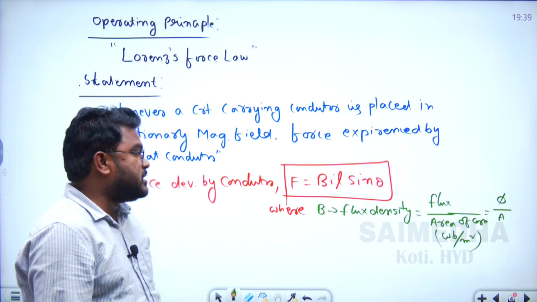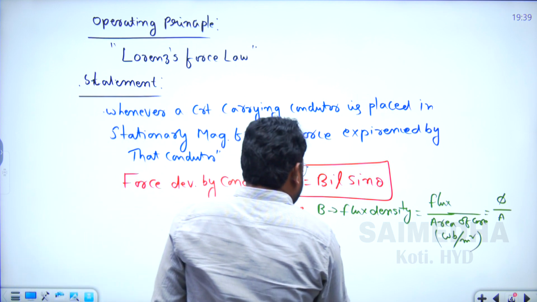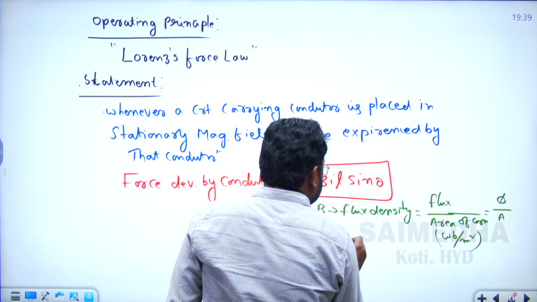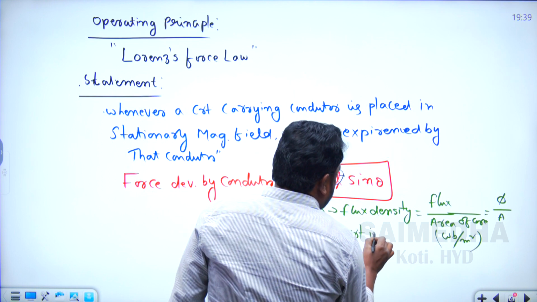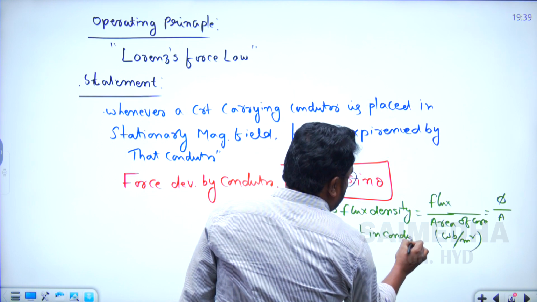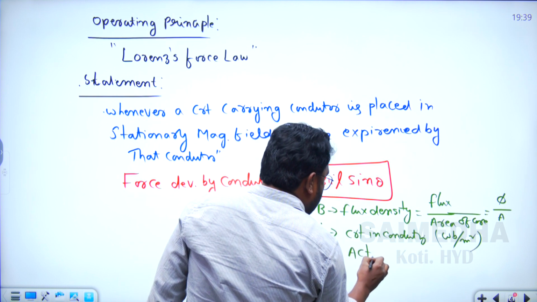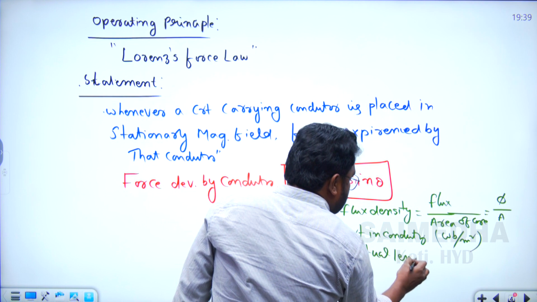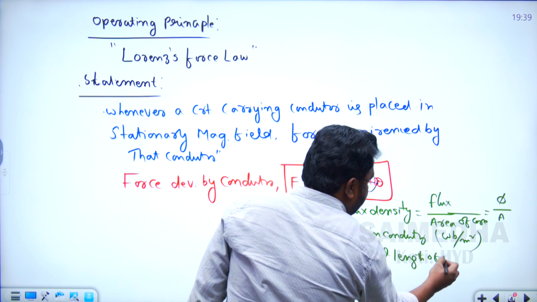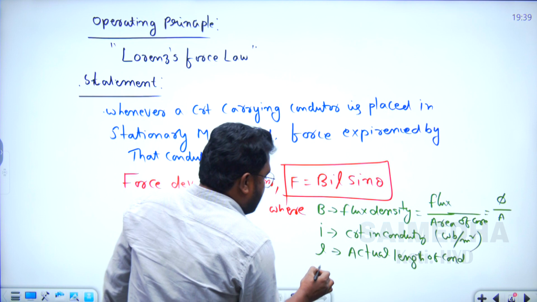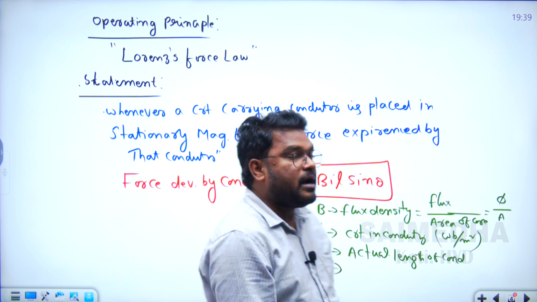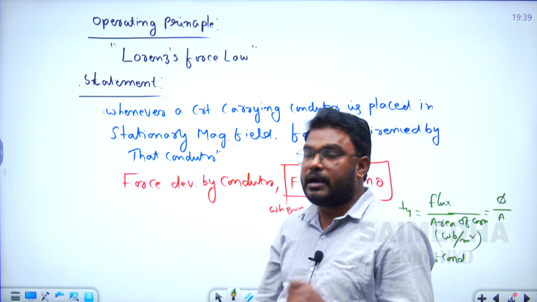Flux density is in Webers per meter square. Now I is the current passing through the conductor. And L is the actual length of the conductor, and theta is the angle made by the conductor with respect to the magnetic field.